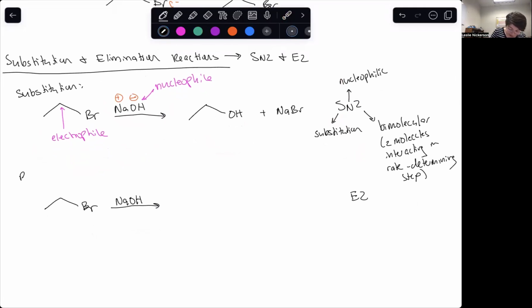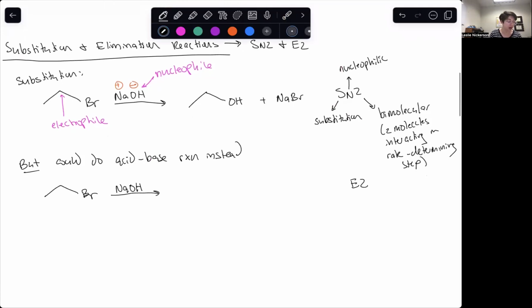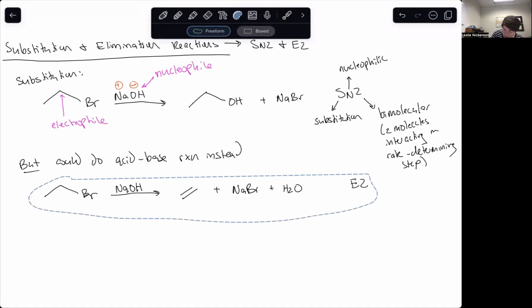So if we do an acid-base reaction instead, and have that hydroxide go for a proton, I'm actually going to end up getting an alkene product out, plus sodium bromide, plus water. And that's going to be our elimination reaction. So this is an elimination. Just scooch this down a touch.